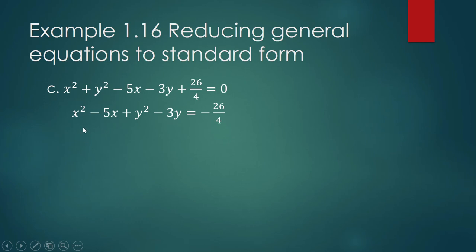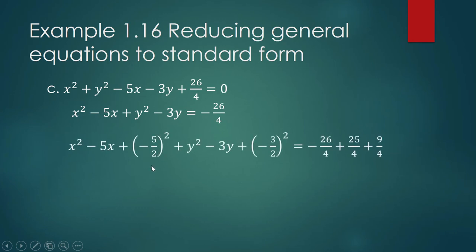Again, we divide -5 by 2, and then we square it, and then we add it to the two terms. The same with this one: -3 divided by 2, we square it, and we add it to y squared minus 3y. Now, you might be tempted to write this right away in decimal form.